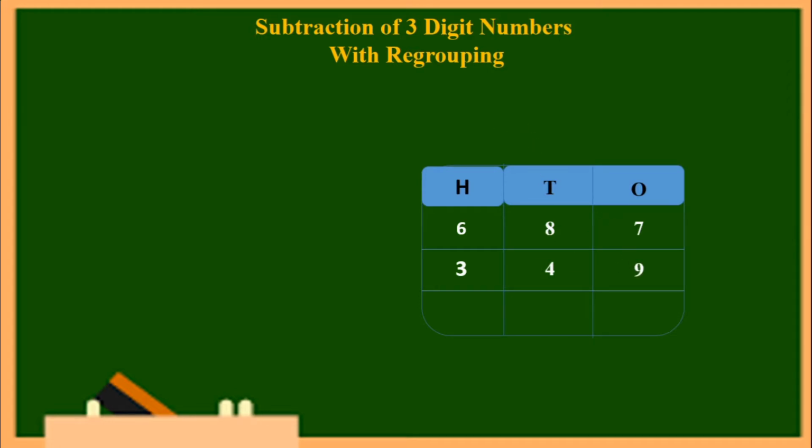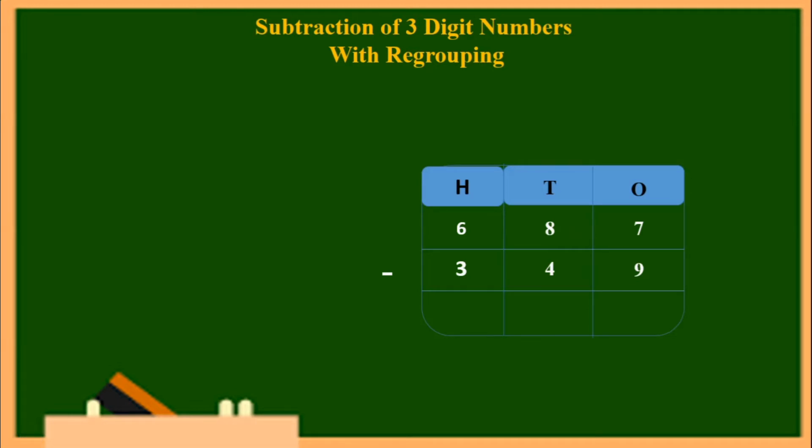We have to subtract 349 from 687. So always start subtracting the numbers from the ones column, followed by the tens column and hundreds column. Here we have to subtract this 9 from these 7 ones.